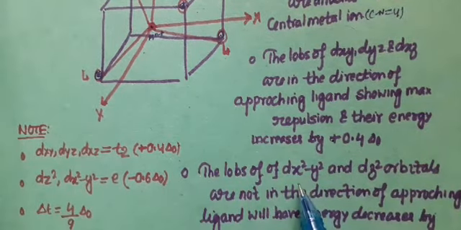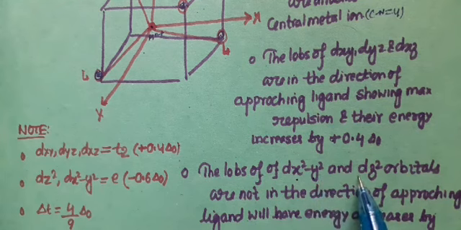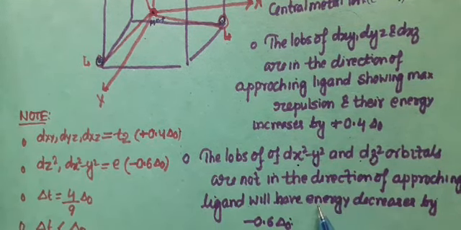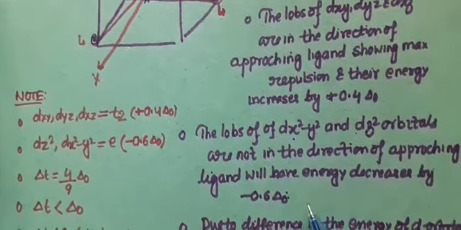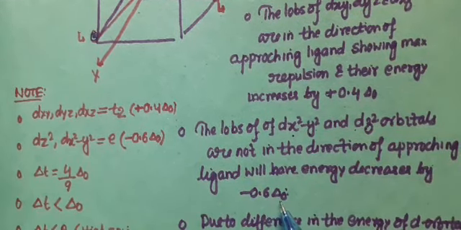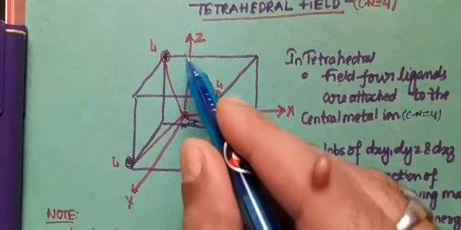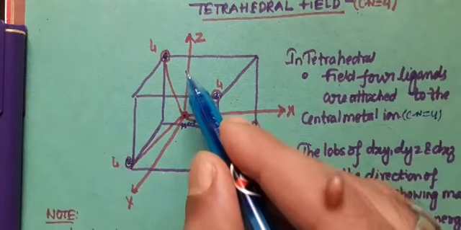And the rest, the 2 d orbitals dx square minus y square and dz square, their lobes are not in the direction of approaching ligand, so they feel minimum repulsion and their energy decreases by minus 0.6 delta O. You can see that along the z direction there are no ligands present.